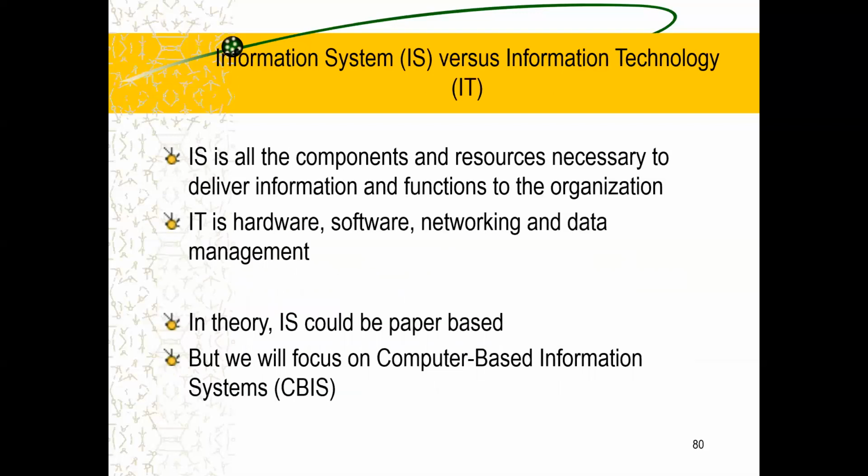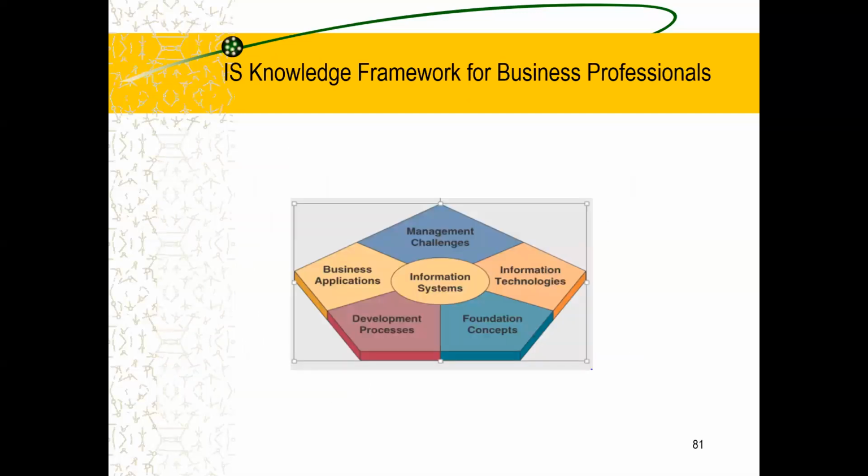An information system is all the components and resources necessary to deliver information and functions to the organization. IT is hardware, software, networking, and data management. In theory, IS could be paper-based, but we will focus on computer-based information systems.